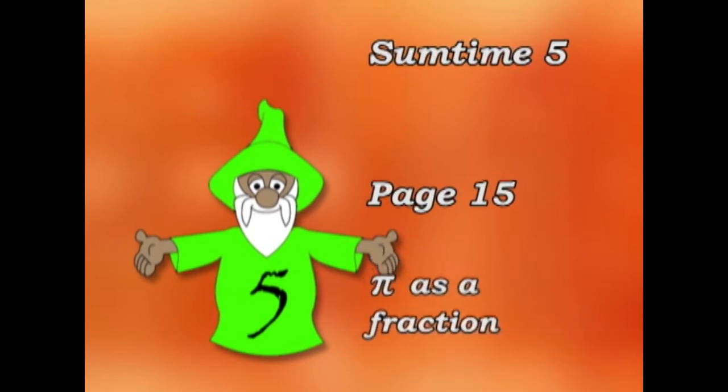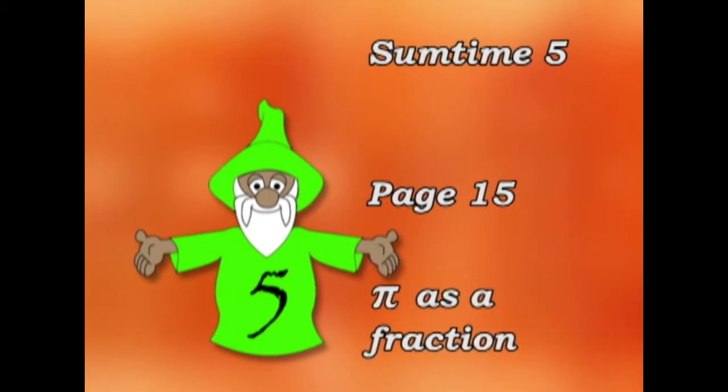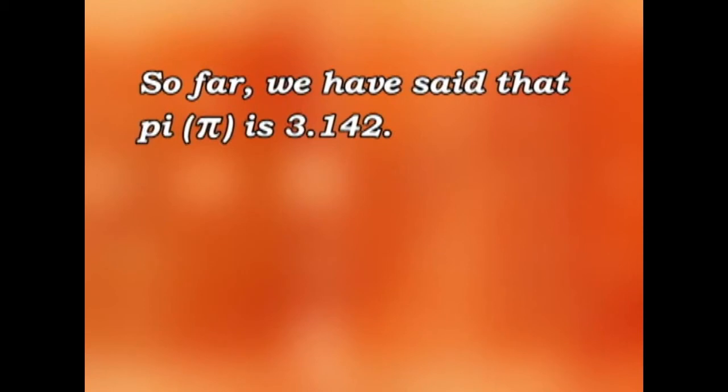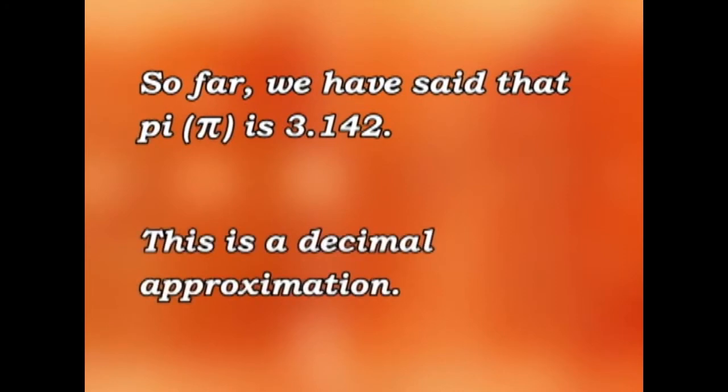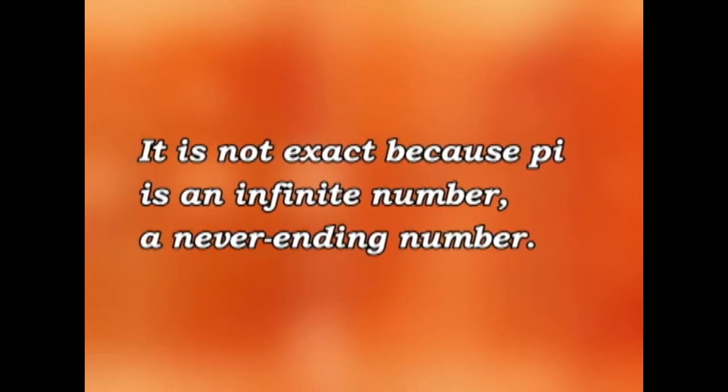Today we're going to talk about pi as a fraction. So far we've said that pi is 3.142. This is an approximation, and it's also a decimal. It's not exact because pi is an infinite number, a never-ending number.